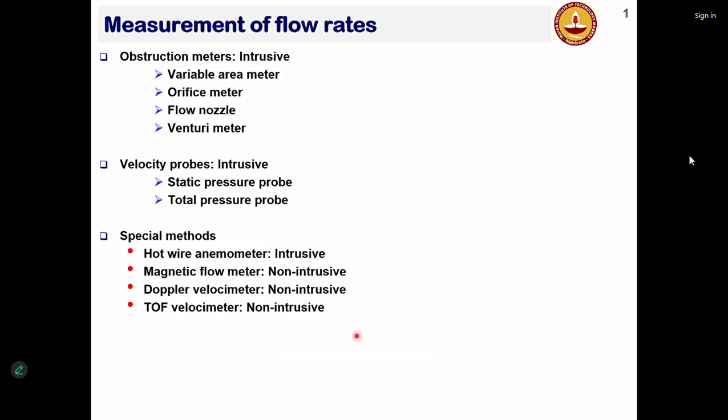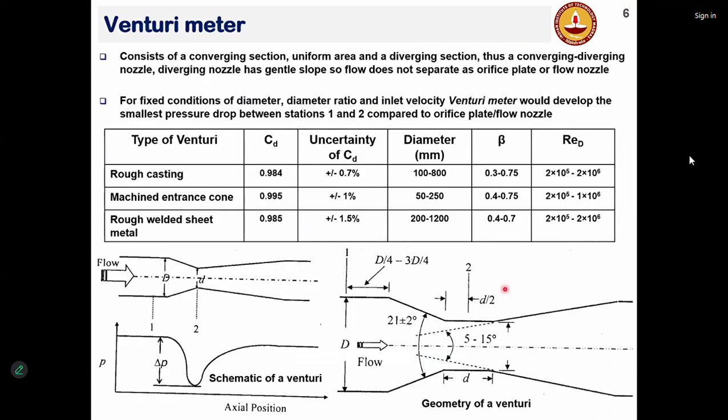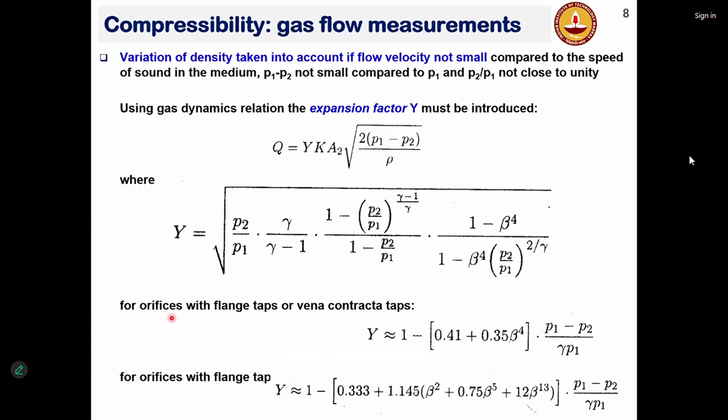So when you have these taps, you can actually have a simpler expression for the correction factor, which is given here. And again, it is a function of P1, P2, and gamma and beta. And when you have flange tap, you have this expression, which is again a function of beta, P1, P2, and gamma.